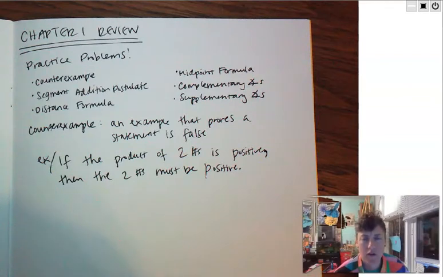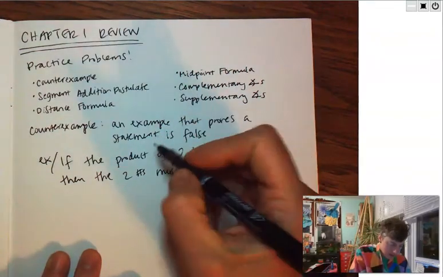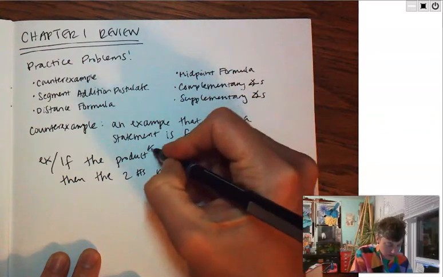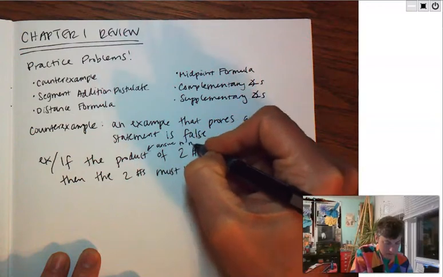And if we think it's false, we'll come up with a counterexample. So, first of all, what does the word product mean in math? This means the answer to a multiplication.